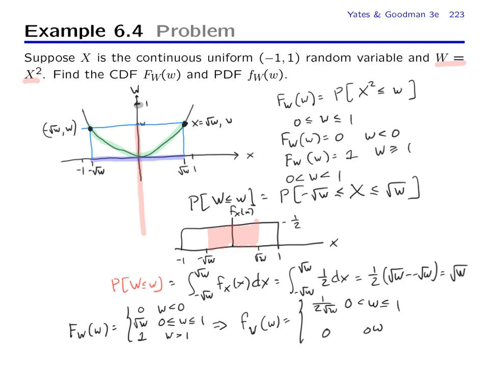If you read the textbook, you'll find that this solution isn't what appears. In fact, the statement of this problem has a typo in it that makes this version much simpler. The solution in the book is solving a different problem: when x is continuous uniform from minus 1 to 3.